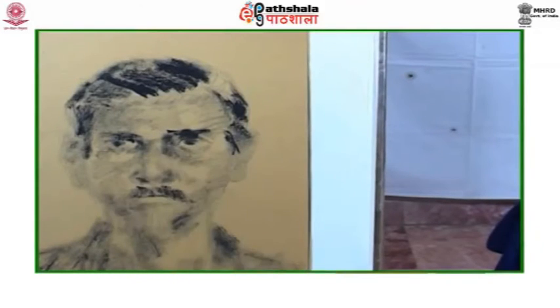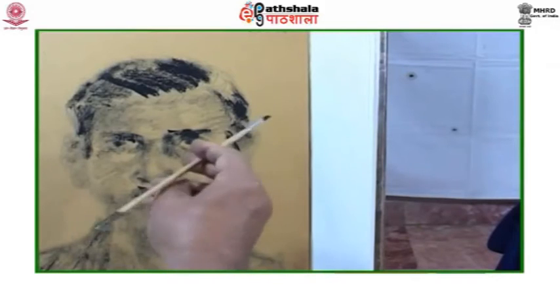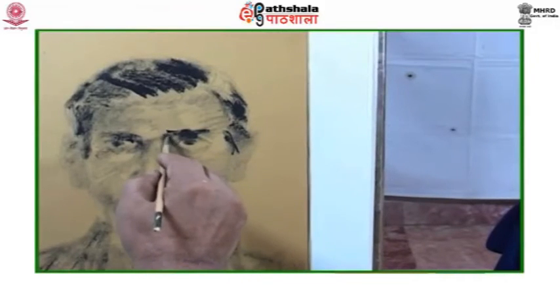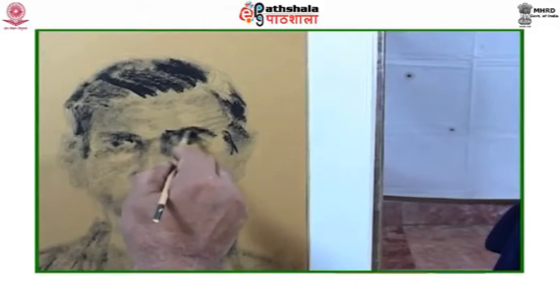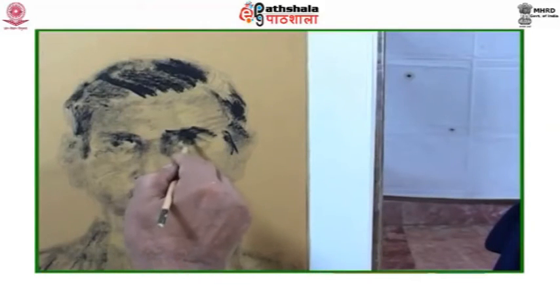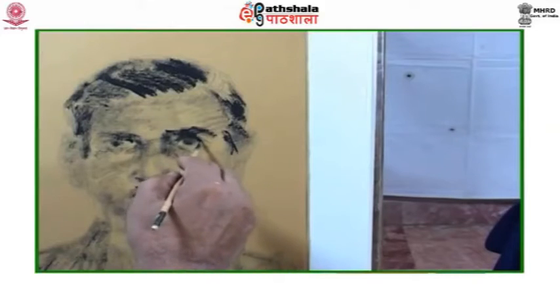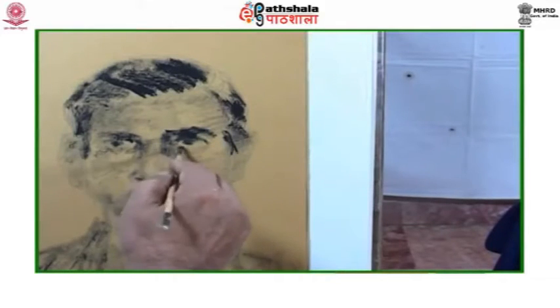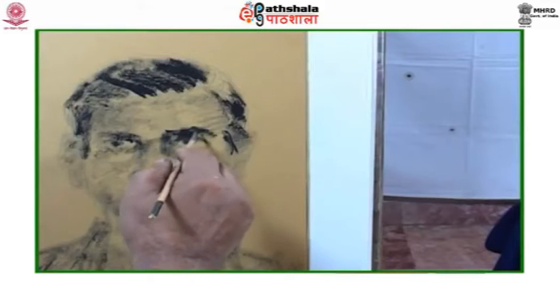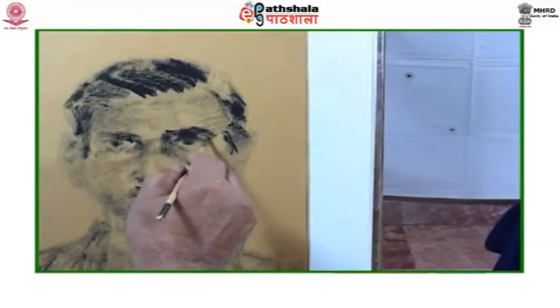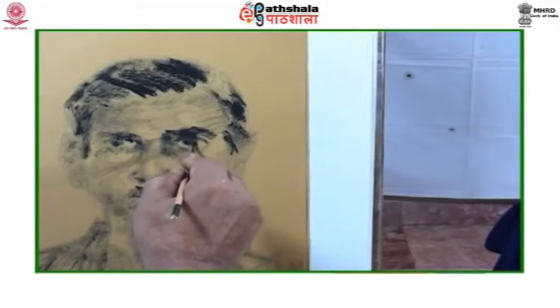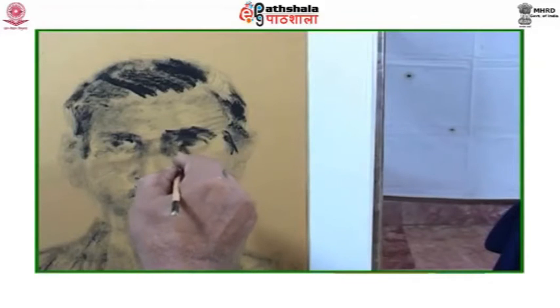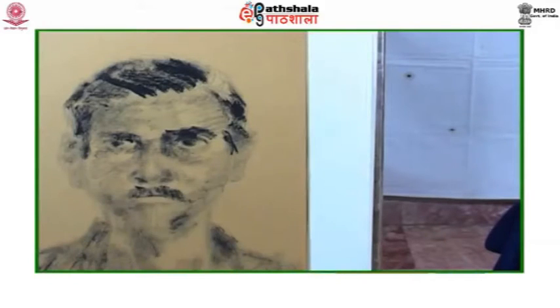This almost completes the basic sketch in gouache. By darkening the shadows and giving a definite shape to both these facial features, I will start work on the eyes, clearly defining the edges and shapes of both eyes.